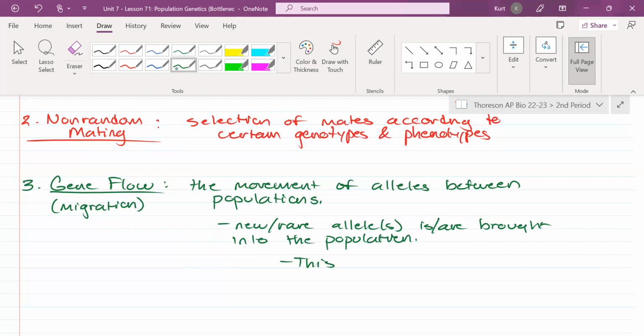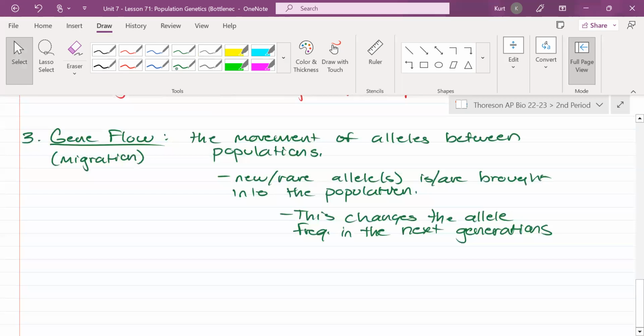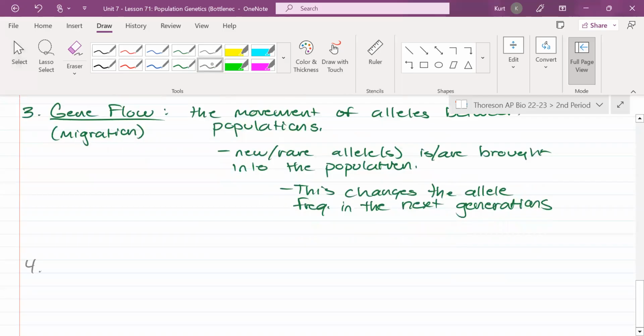This changes the frequency for future generations. All right. 3 down, 2 to go. Next is going to be genetic drift.